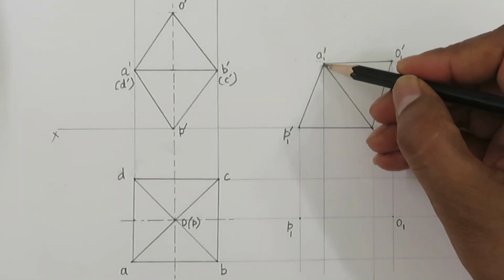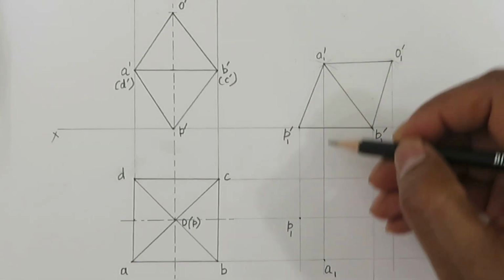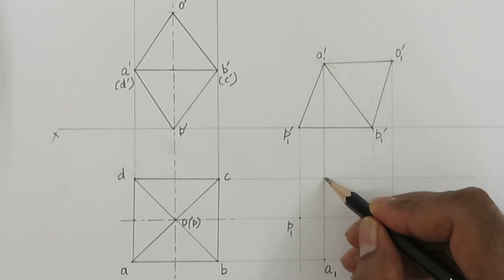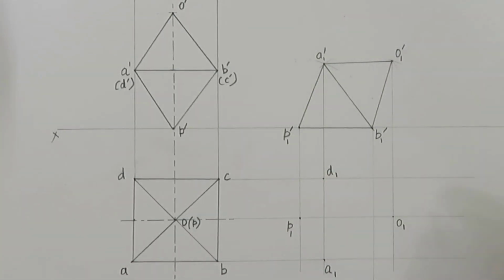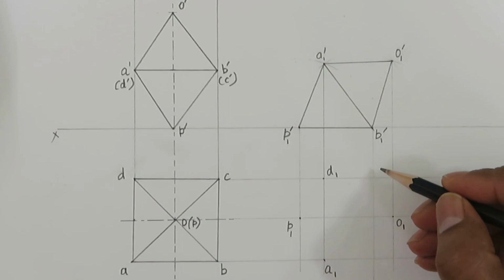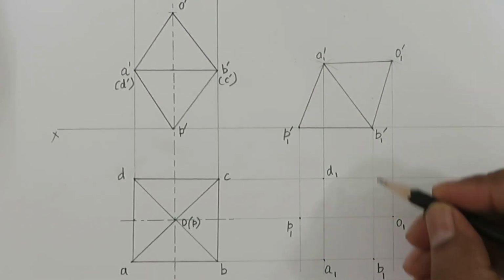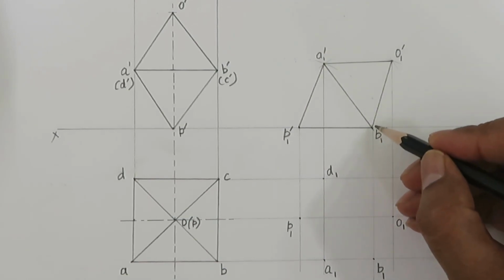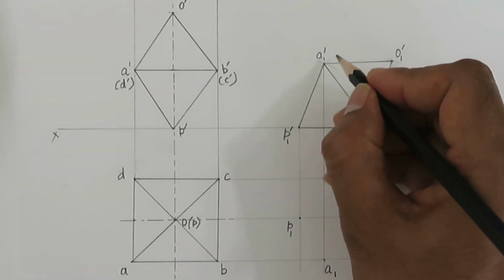Similarly for A, and this will be for point D. For point B, and point C will be here because C is hidden here.